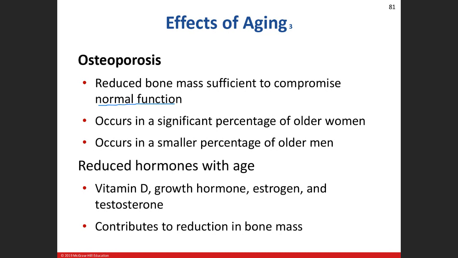So we will see it in both older men and women, but in a much more significant number in women. And you can see right here, estrogen, testosterone, they start to take a deep nosedive in our latter years, even growth hormone.